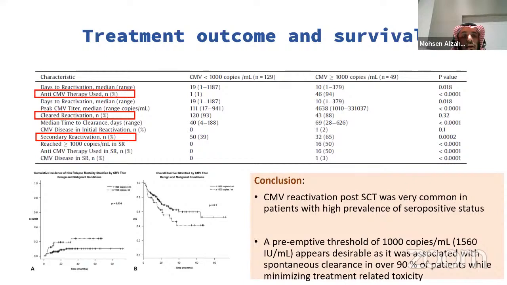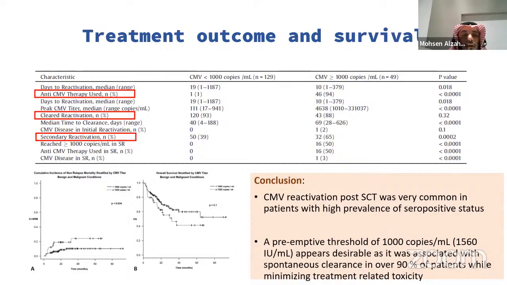And here the treatment: for patients with CMV titer less than 1,000, only 1 patient required treatment, while 94% of patients with more than 1,000 titer required treatment. And 93% of the patients with titer less than 1,000 cleared the reactivation, and 88% in the titer more than 1,000 cleared the reactivation.